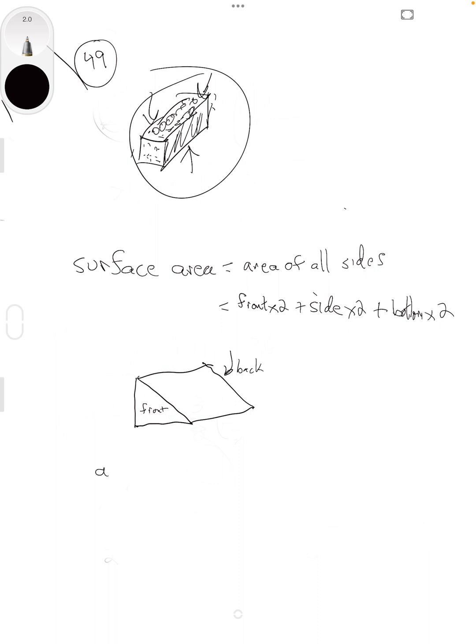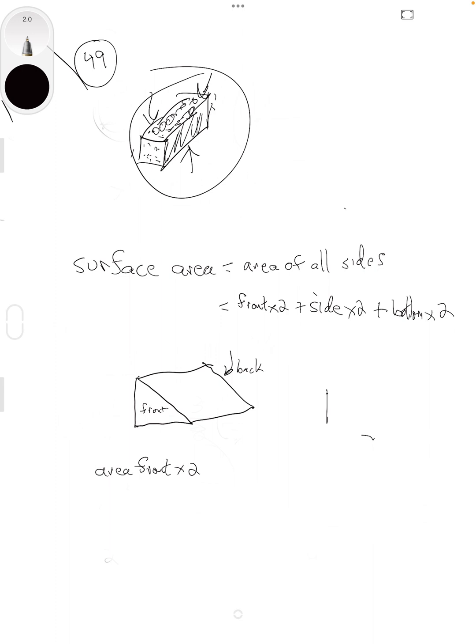So I'm going to have the area of the front times 2. Okay, if this was tilted on its end, like this, I'd call this the top and the bottom. I won't draw it. That's that, plus all this other side.